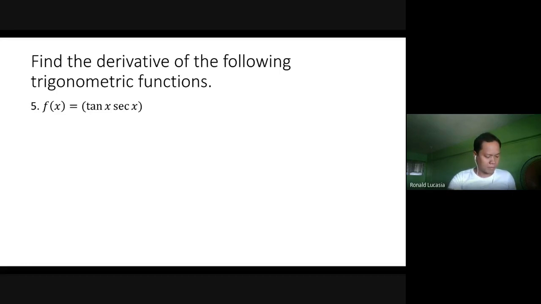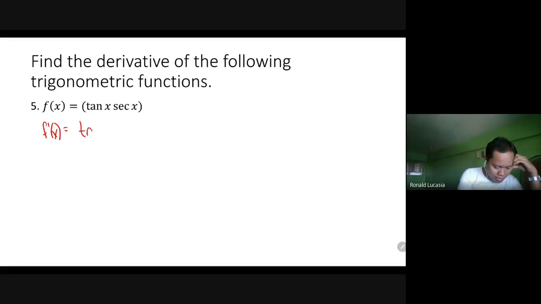1 minute. Okay. Sige, let's see. The derivative to that is, since that is a product, so we'll be using the product rule.